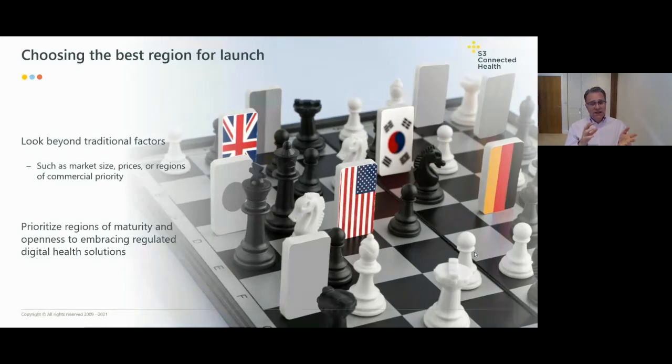South Korea and Singapore are markets that sometimes aren't considered, but they're particularly open to SaMD and other innovative ways of demonstrating value. And there's something of a gateway market and a valuable testing ground. If you succeed in these markets, it's far easier to move into other markets like EMEA and South America.